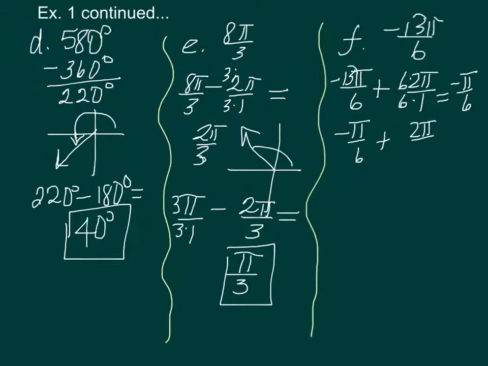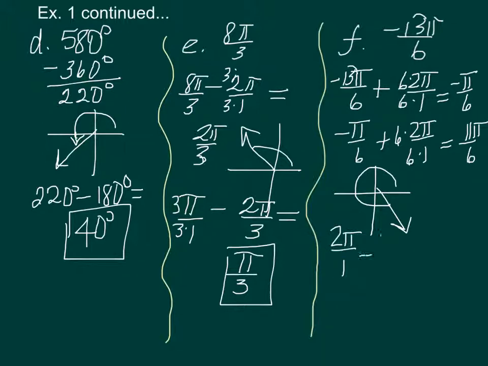Get a common denominator. That will give us 11 pi over 6. 11 pi over 6 falls in quadrant 4. Remember, if it falls in quadrant 4, you have to do 2 pi minus your angle. 12 pi over 6 minus 11 pi over 6 gives us 1 pi over 6.